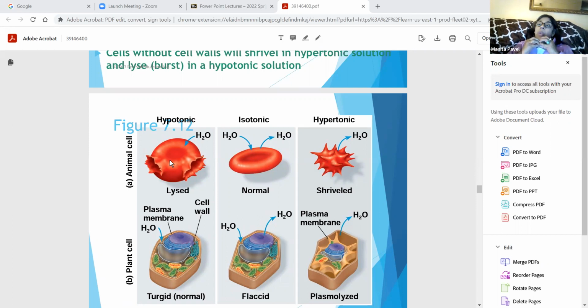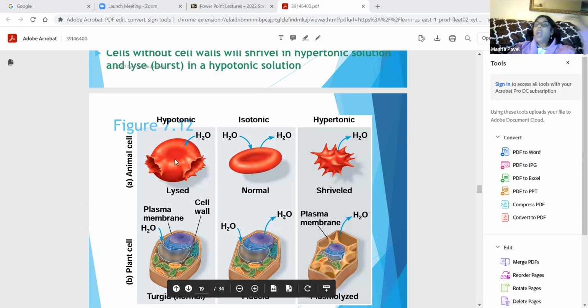And so once the cell expands and it can hold no more water because it's reached its capacity, the cell is going to now burst. So the bursting of a cell is termed lysis. The cell is lysed. So when the concentration of solute outside the cell is less than inside, water enters the cell, causing the cell to burst or be lysed.